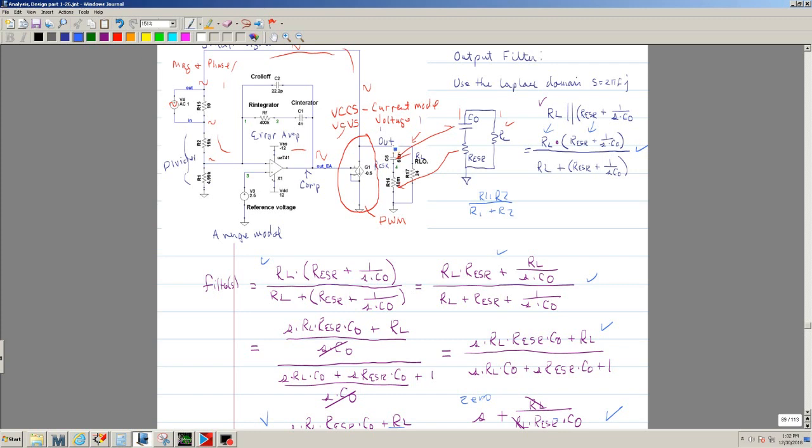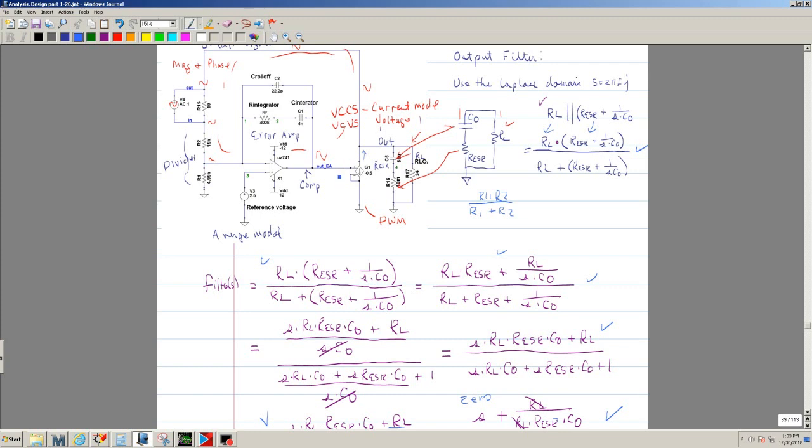Okay, so now we're going to find out what is the gain of the PWM. Okay, and typically to show that, see this coefficient, that coefficient is calculated by this voltage. Basically, it's whatever the current is going out through here and whatever this voltage is. But we're going to simplify it.